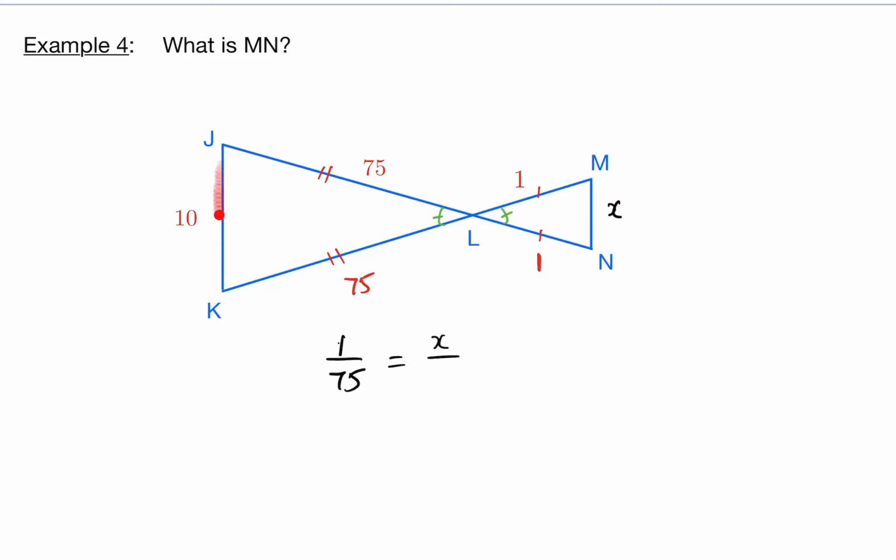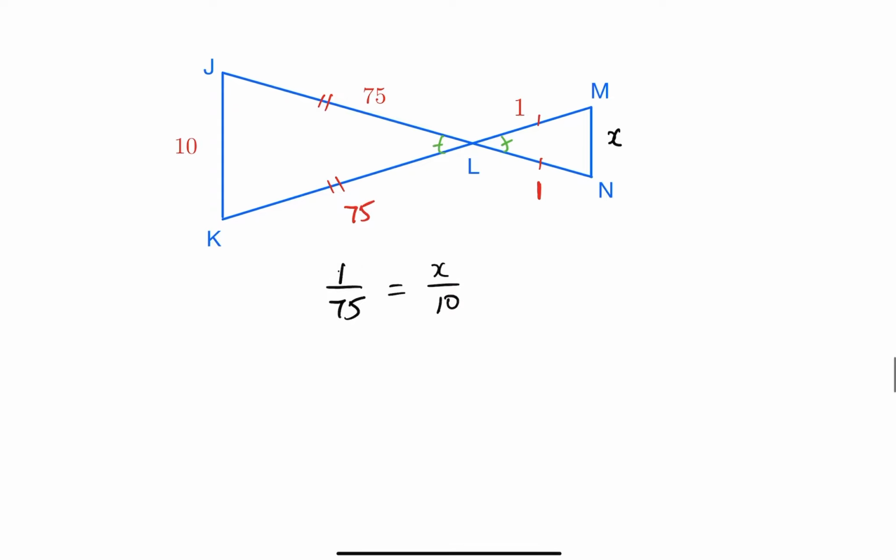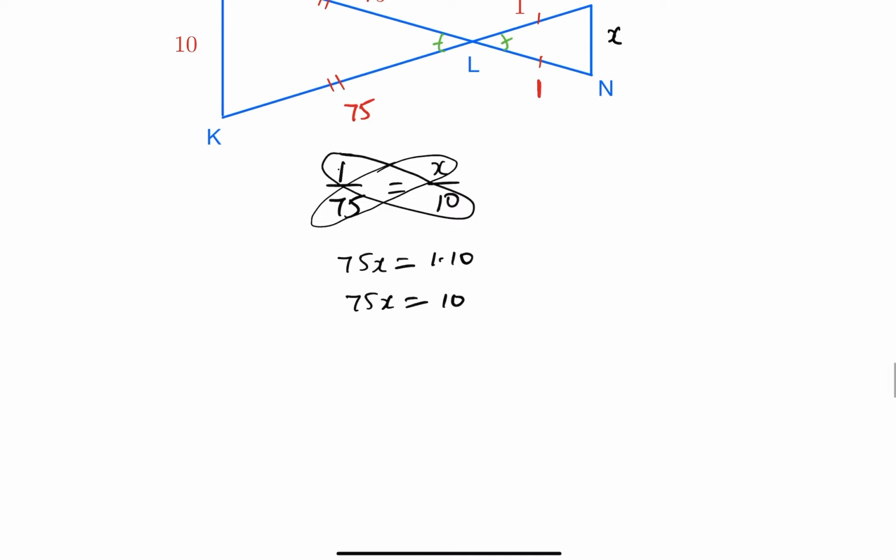That's JK, which happens to be 10. So that's X over 10. Now to solve for X, we're going to cross multiply. So we're going to multiply these together, which means that's 75X, and we're going to set that equal to this cross multiplication, which is 1 times 10. That means 75X is equal to 10. And then to solve for X, we're going to divide both sides by 75.